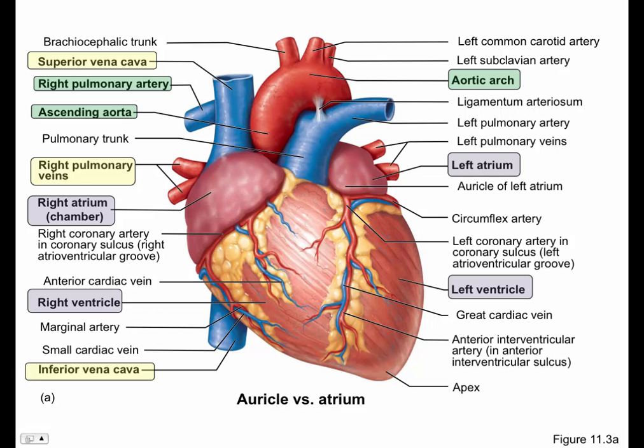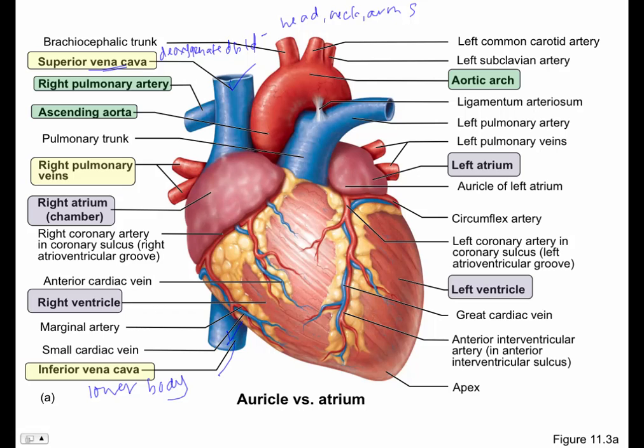Here we're going to look at two major vessels feeding into our heart: the superior vena cava and the inferior vena cava. The superior vena cava carries deoxygenated blood coming from our head, neck, and arms. The inferior vena cava brings all the deoxygenated blood from our lower body.